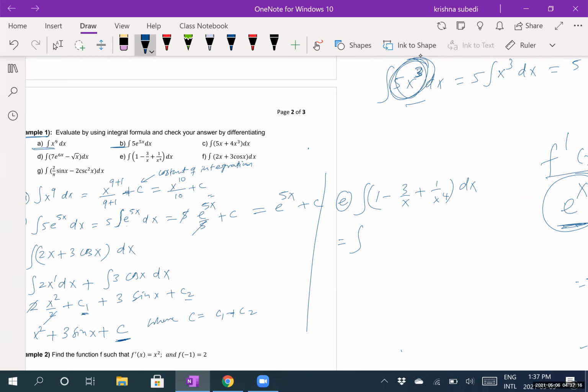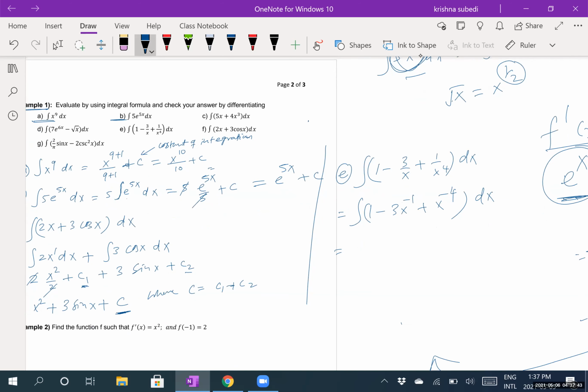If the variable has some radical sign, always change it into a power, because we are going to use the power rule. Therefore you need to change that into a nice power. Okay, so here it is 1 minus 3x power negative 1 plus x power negative 4 dx.